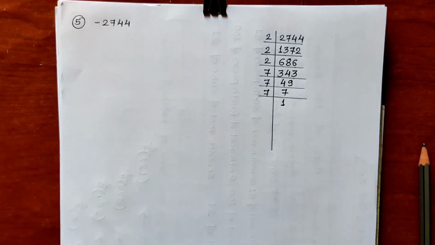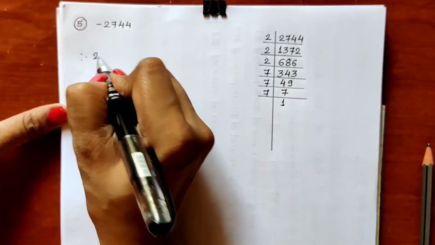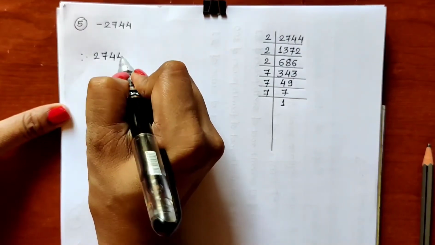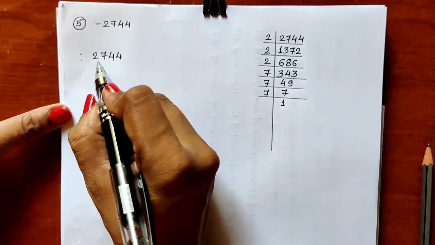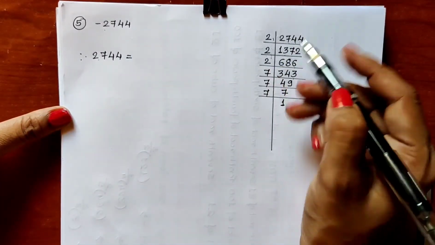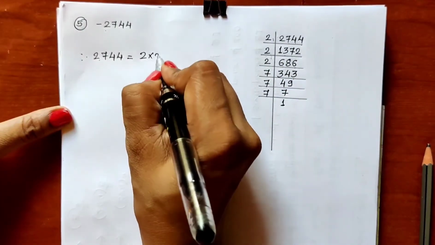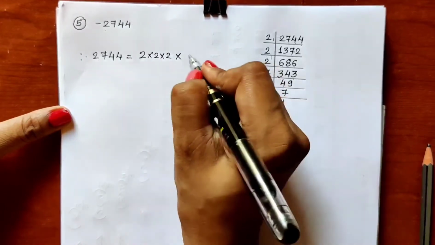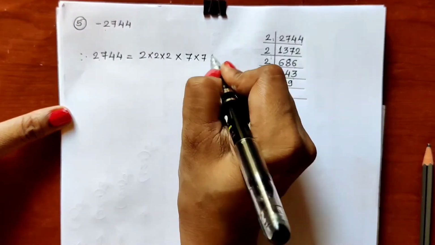So in this way we have to write prime factors. So while writing, we don't put the negative sign, we write 2744 is equal to, we will be writing all these prime factors, 2 into 2 into 2 multiply by 7 into 7 into 7.